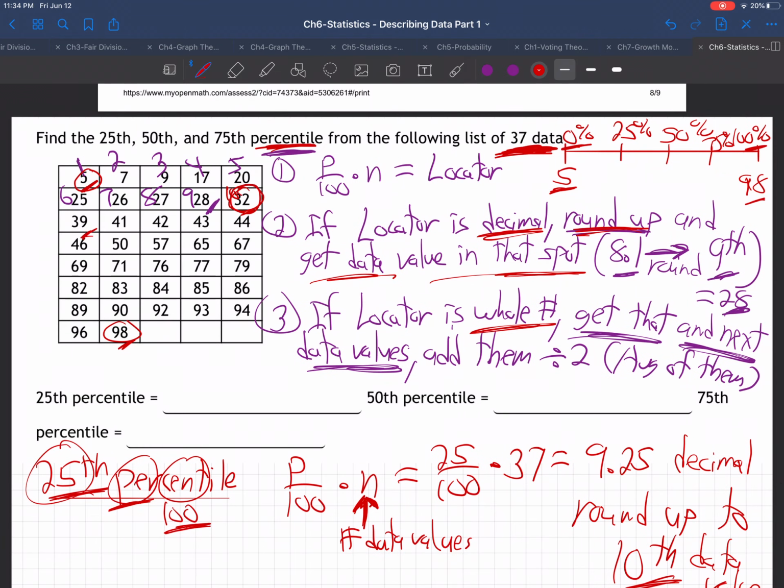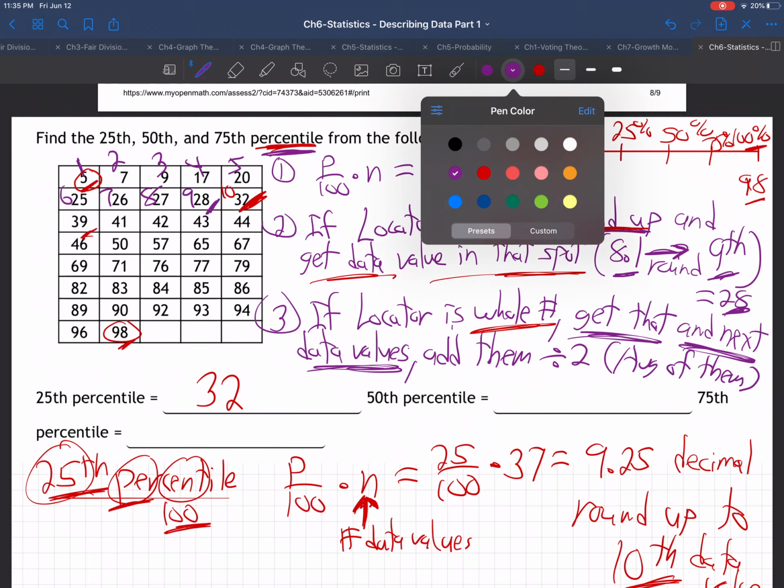It says 32 right here. Remember how we numbered the data values? They're 5 per row. So the 25th percentile is the number 32. That value, 32, is 1/4 of the way along through the table. It looks like it is, doesn't it? It's 25% of the way through 37 numbers.